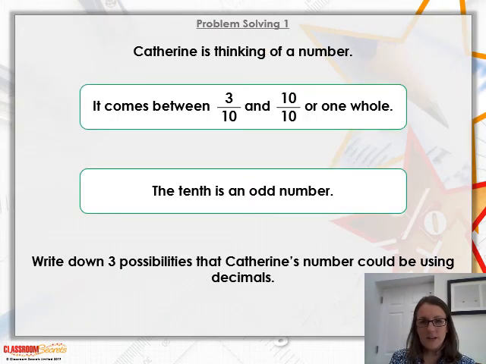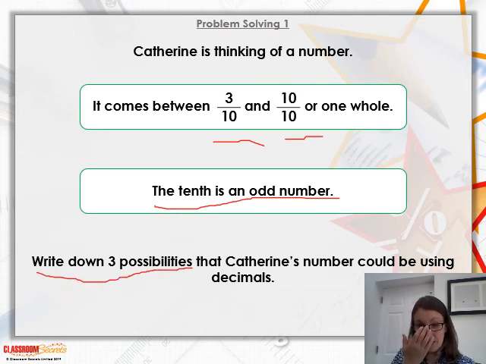Okay, so Catherine is thinking of a number. It comes between 3/10 and 10/10. The tenth is an odd number. She's going to write down 3 possibilities that Catherine's number could be using decimals.